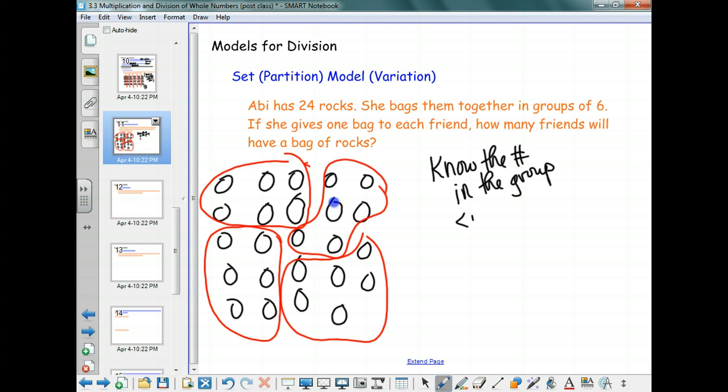What I want to find out is how many groups I have, or in this case, how many friends get rocks.